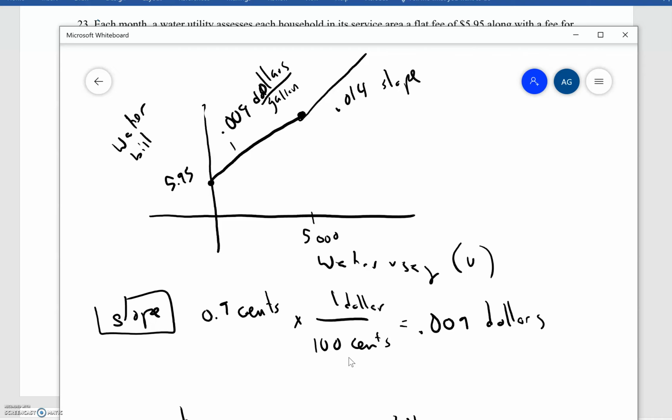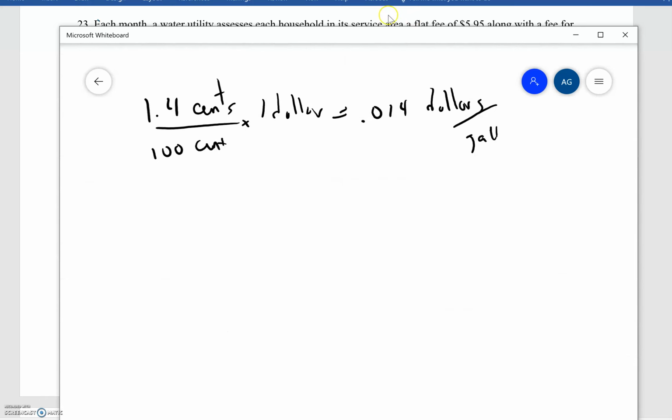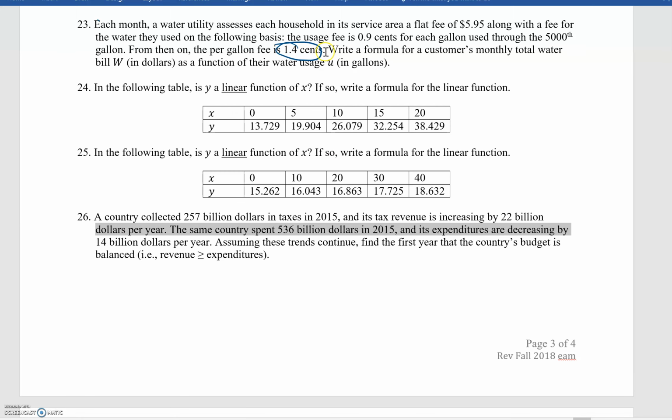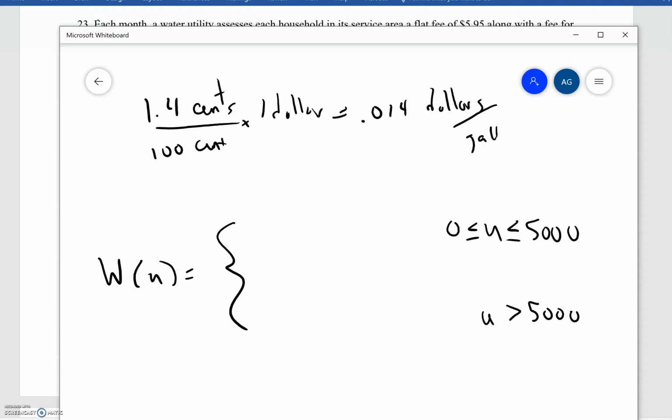Okay, now none of this is the actual equation of the line, but it does make it easier, I hope, to compute our linear equation. So let's go down here and actually write this. This is going to be a piecewise equation, and remember our unit is going to be W of U, right? So the first piece is going to be valid for U between 0 and 5,000, and the next piece is going to be valid for U greater than 5,000.